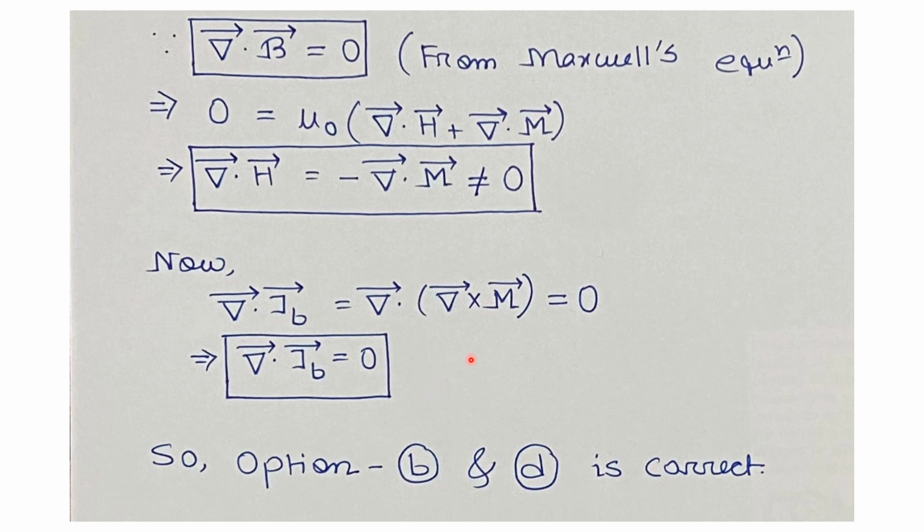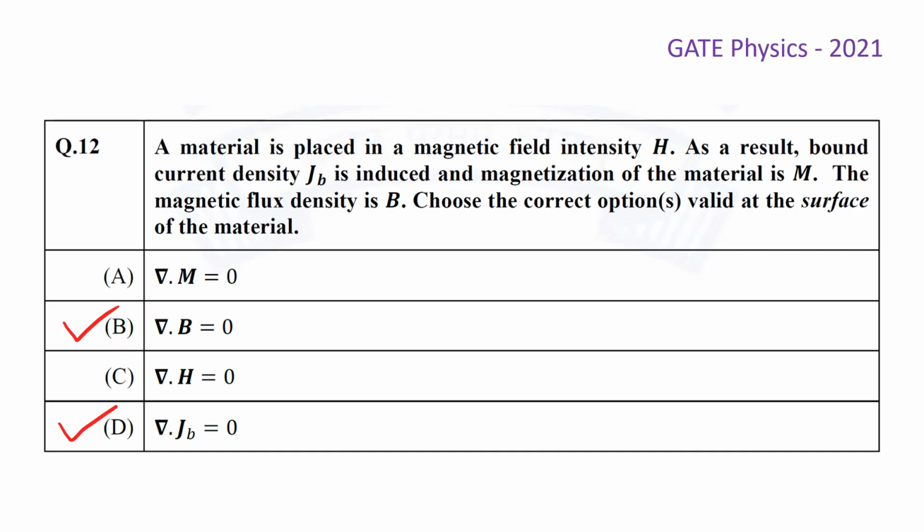So if you see the four options, the B option and the D option are correct. According to our solution, option B and option D, that is divergence of B equals to 0 and divergence of JB equals to 0, are the correct options for this question.